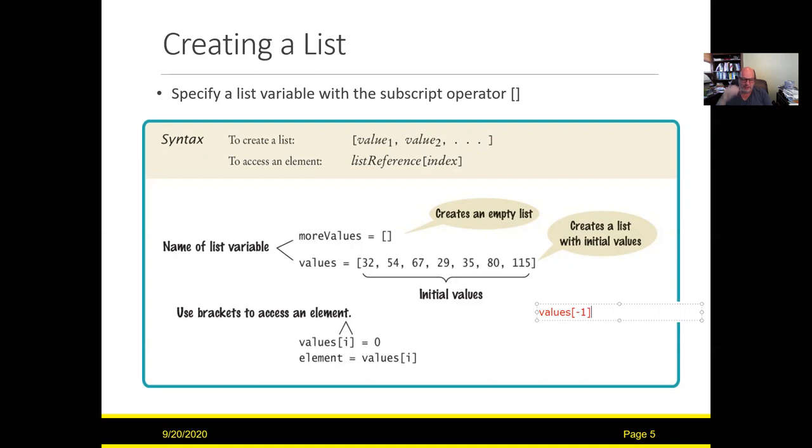I can have a negative number, and of course it's going to start from the right and go to the left. Sometimes in our previous classes, we wished we had the -1, but we're going to be careful that we still can go out of the boundary. We're going to see how we're going to handle that.